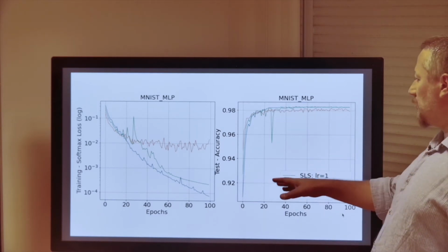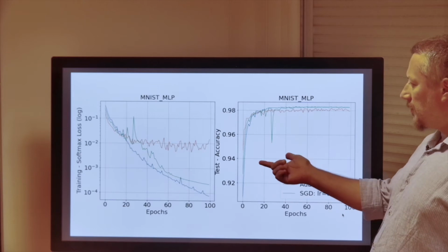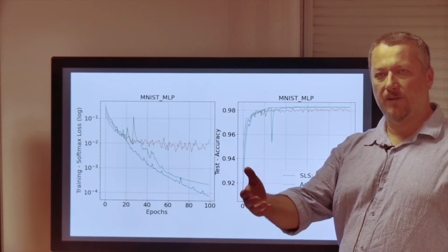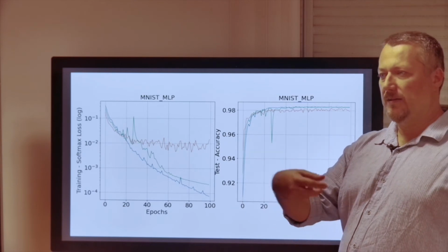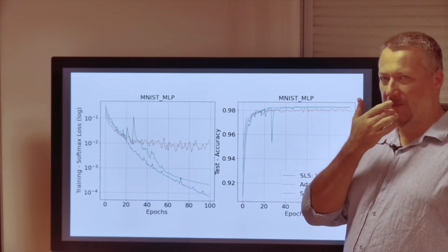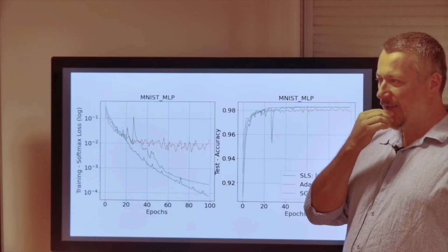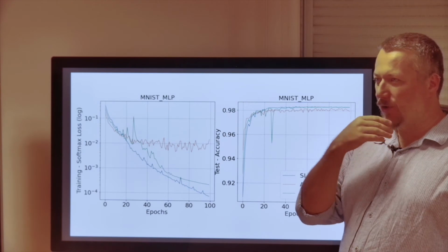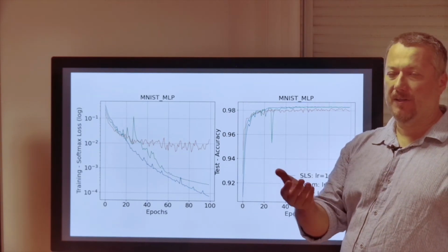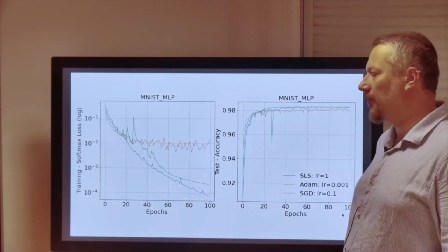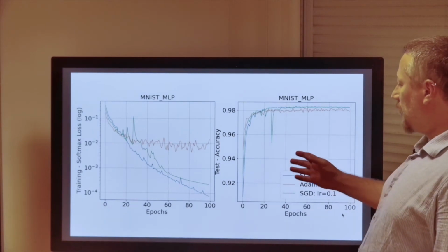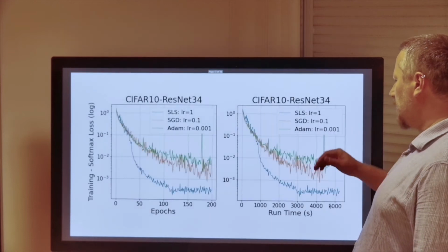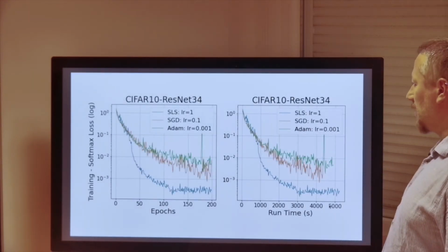But this is in terms of epochs, and this algorithm calculates the function value and sometimes the gradient at that point again and again, right? So it makes more calculations in every iteration if the Armijo condition is not satisfied. So let's also look at how it behaves in terms of runtime. These runtimes are calculated on the same computer.